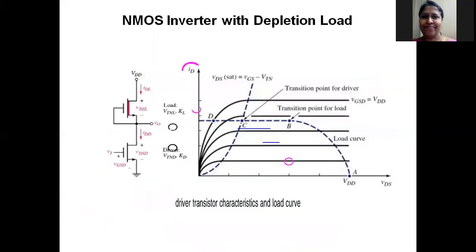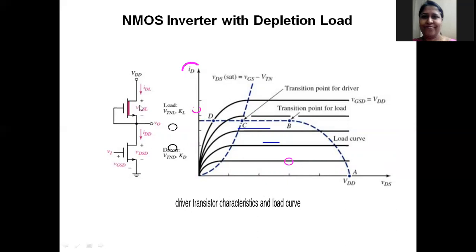Here we see the NMOS inverter and the characteristic curves of these MOSFETs. Already you are familiar with the characteristic curves of N MOSFET. There are multiple curves for different VGS values, and these black color lines indicate the curves for this enhancement device, and the blue color dashed curve represents the curve for the depletion device.